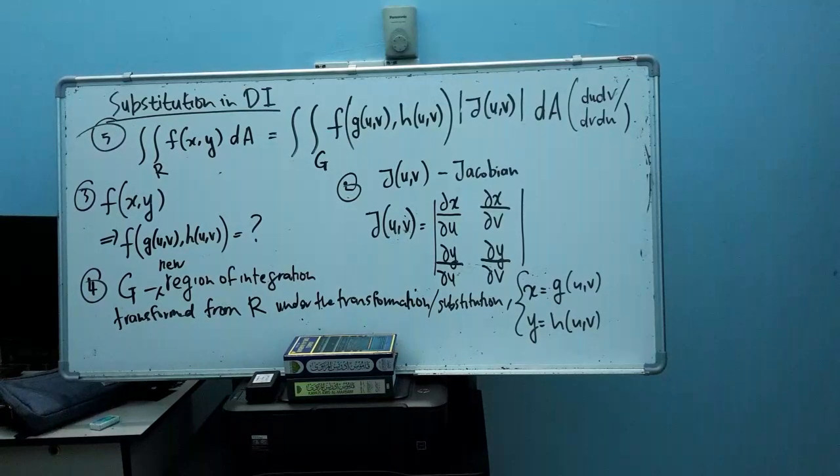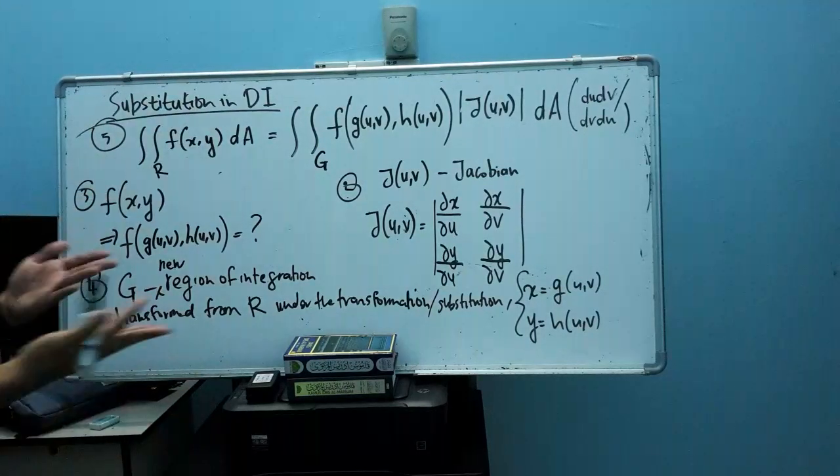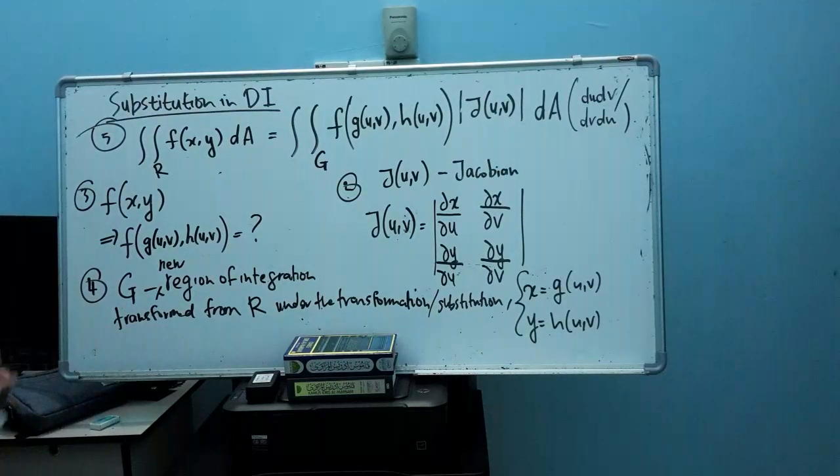Just like the substitution in single integral, where we have 5 steps, the substitution in double integral also has 5 steps.